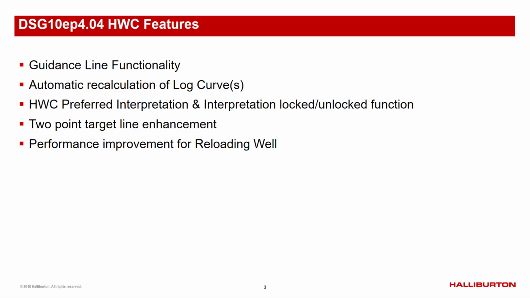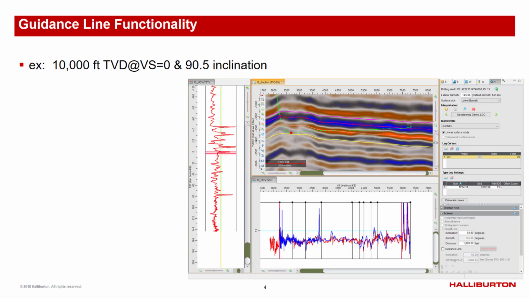So let's talk about the guidance line functionality. Operation geologists usually communicate with the drilling engineers and directional drillers in the following format: at a specific TVD value where vertical section equals 0, they want to follow this specific depth and maintain a specific inclination angle.